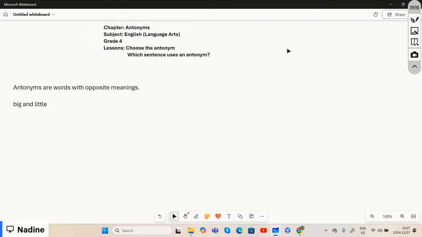And if we look at the words, remember it said it's words with the opposite meaning. For example, big. The opposite of big is small. If something is not big, it is small.